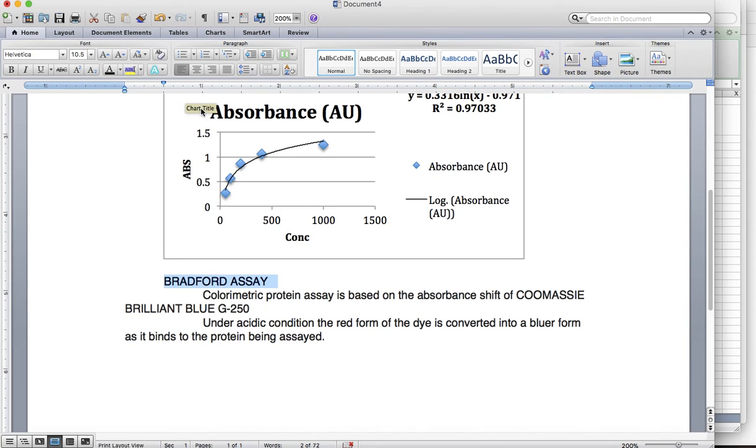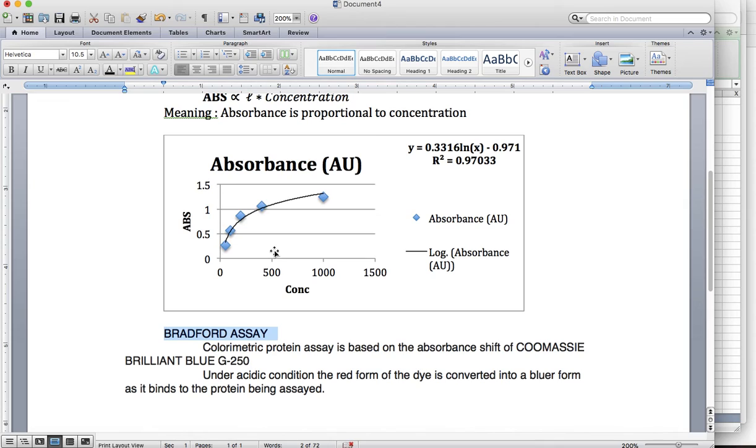And then going back to the standard curve, we can have our unknowns, and we can calculate what the concentration of the unknowns are. So let's say you have an absorbance value of 0.75 for the unknown, you can use two methods.